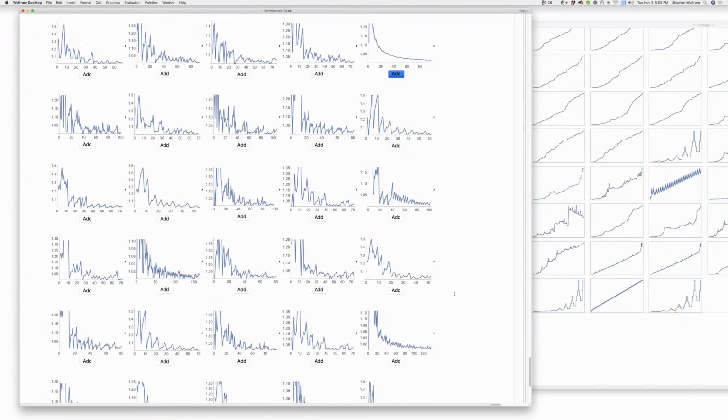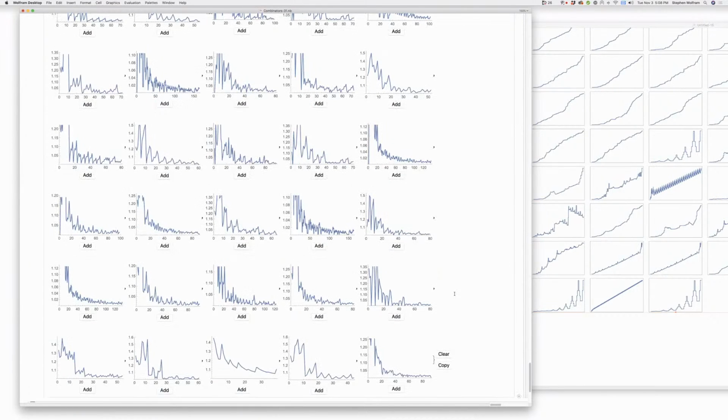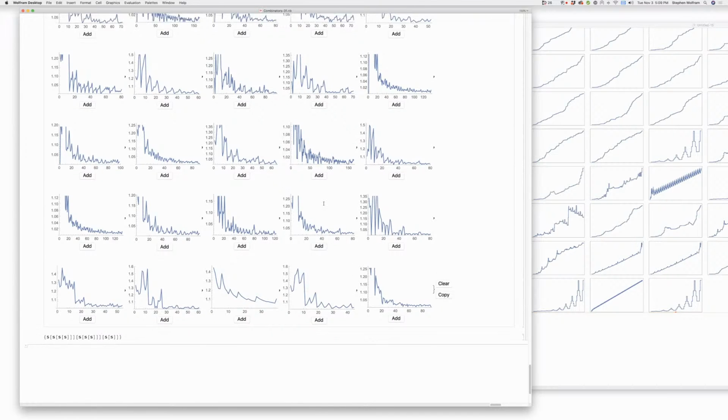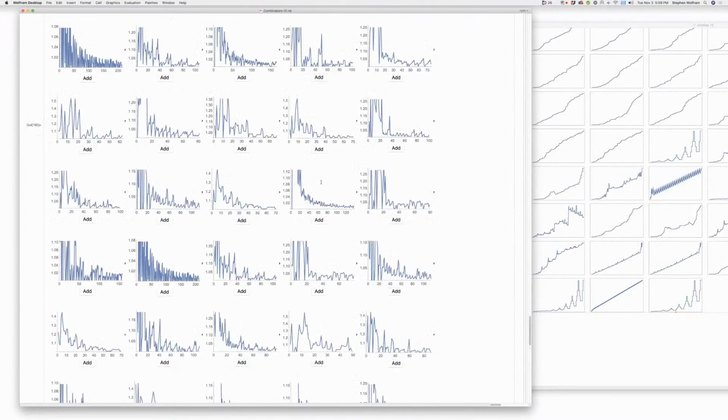Oh, boy. Oh, that was our previous guy that didn't go down to 1. I just want to get a sense. Okay, so those are ratios there.